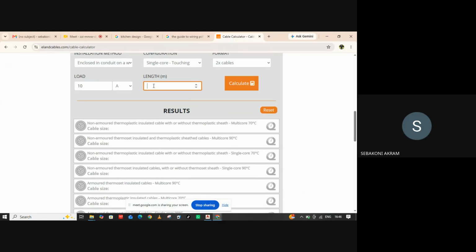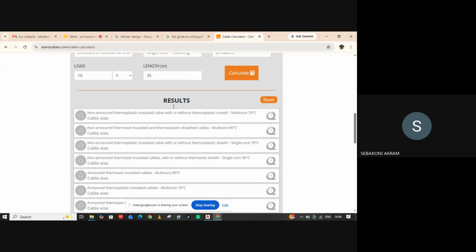Or you multiply that times 2, because you're going to run that cable along that side, then you have to move down into the walls to the socket, so you can multiply that by 4, let me say, or by 3. So if we consider, let me say, 30 or 35 meters, and I calculate, what cable size am I getting?